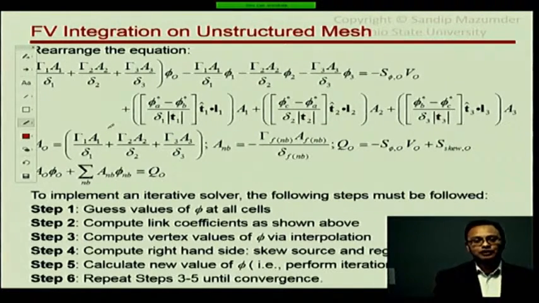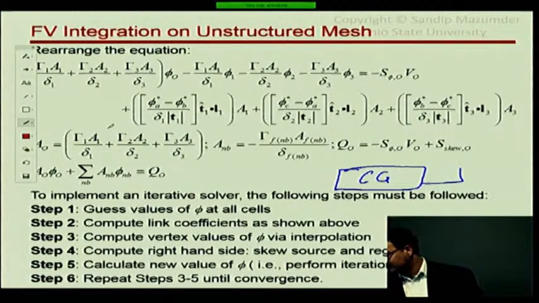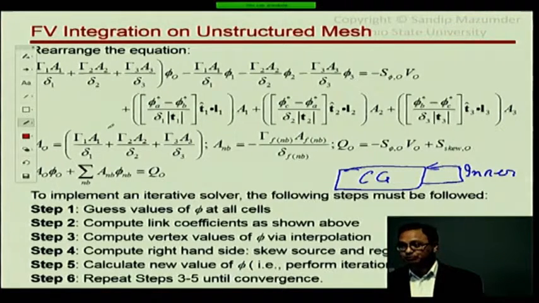So it leads to the concept of what's called inner and outer iterations. If I draw a block diagram, here's your CG solve. This has what are called inner iterations, which are the iterations of your linear algebraic equation solver.